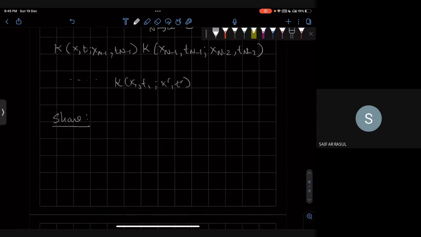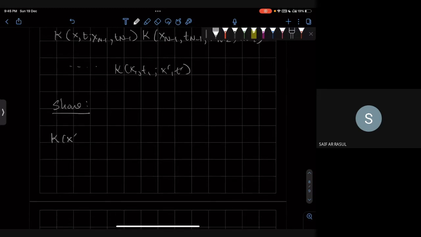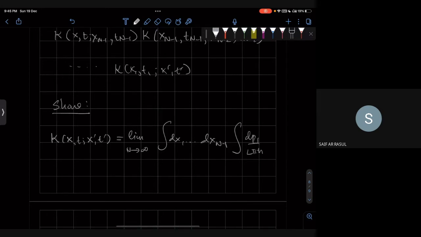So with a little bit of work, you can then show that k of x t, x prime t prime is given by the limit n goes to infinity. There are integrals over x1 dot dot dot xn minus 1, and then there are integrals over dp1 by 2 pi h bar dot dot dot dpn by 2 pi h bar.